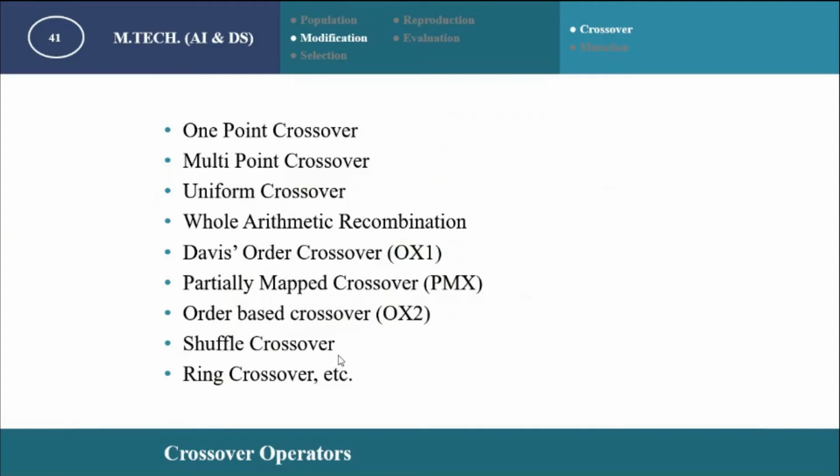So each different way will be given a different name, and so there will be different types of crossover operators. A number of crossover operators are available in the literature. If you go through literature, you will find a very large variety of crossover operators, out of which the most popular ones are enumerated here, and we will be discussing only these types of crossover operators.